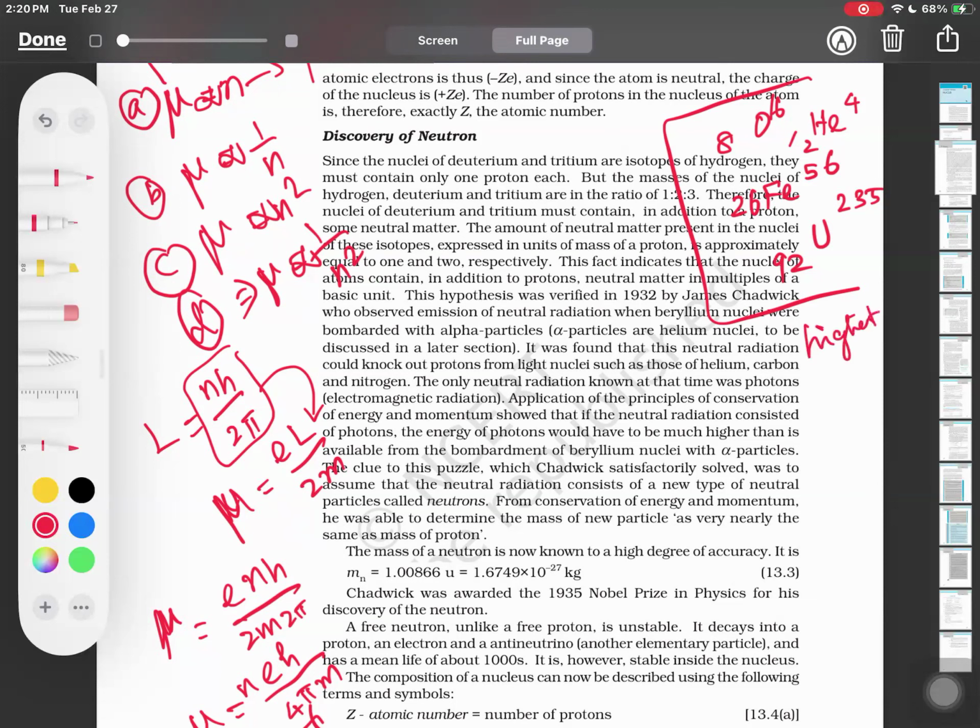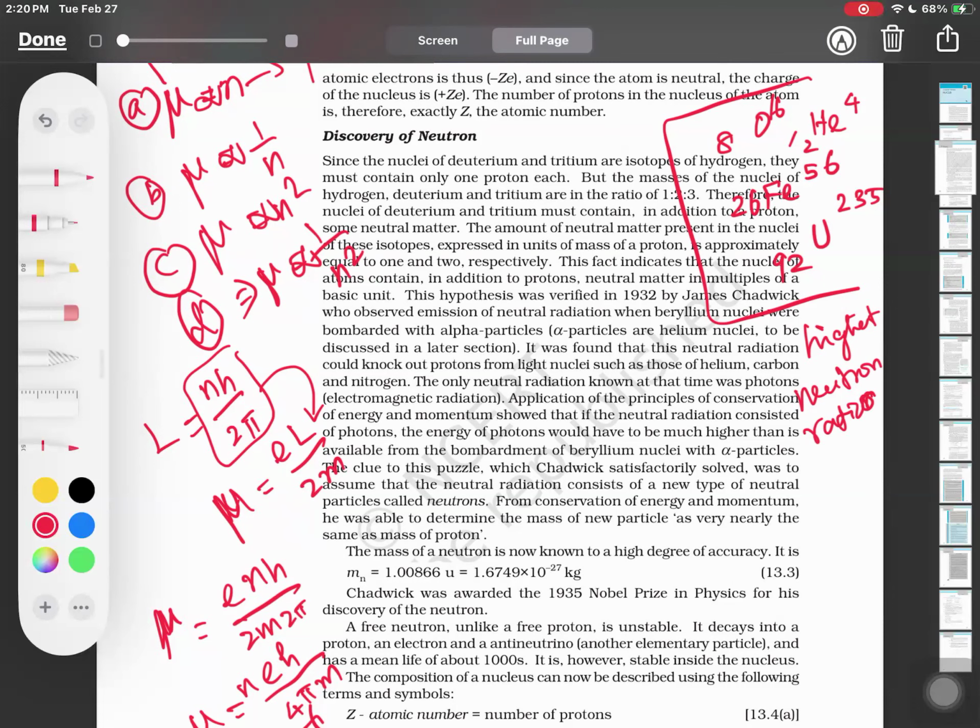How can you find the neutron number? What is the highest neutron ratio? Neutron ratio means the number of neutrons to the number of protons. How can you find the number of neutrons?